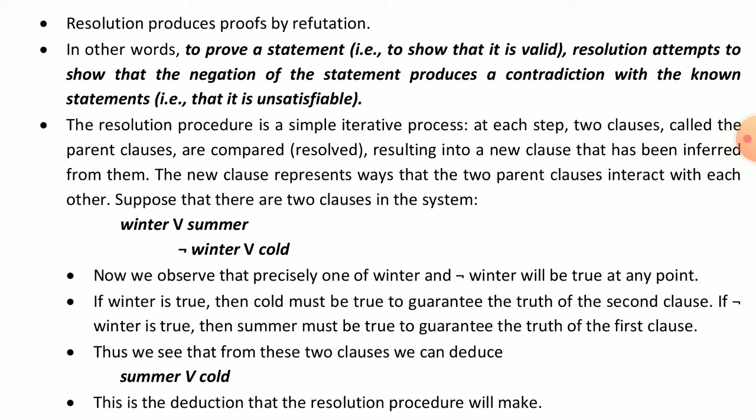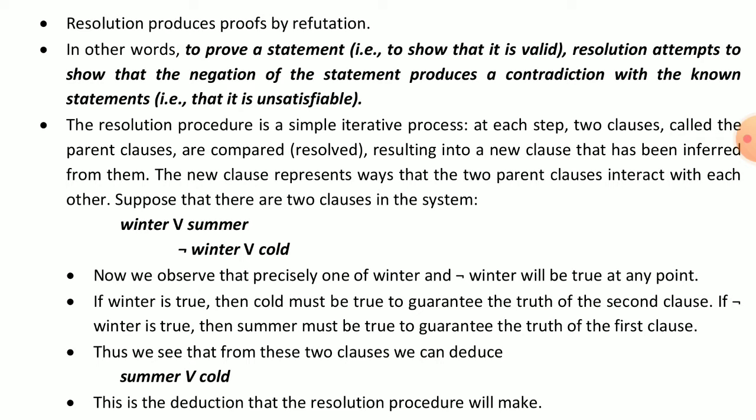In our atmosphere system, we can consider two seasons, winter or summer. We know that two seasons are not possible at the same time. So we can say not winter or cold, meaning the room temperature is normal, not very hot or very cold.